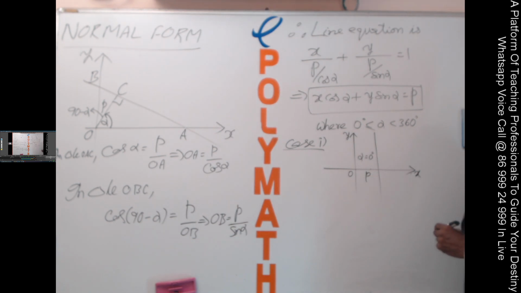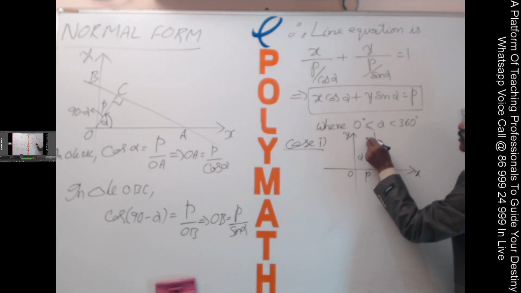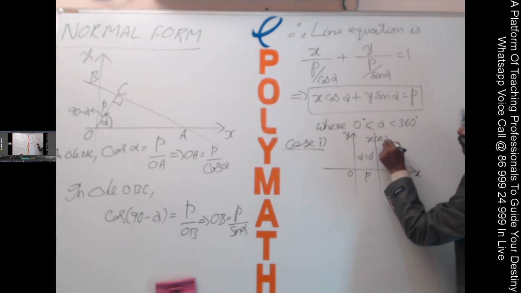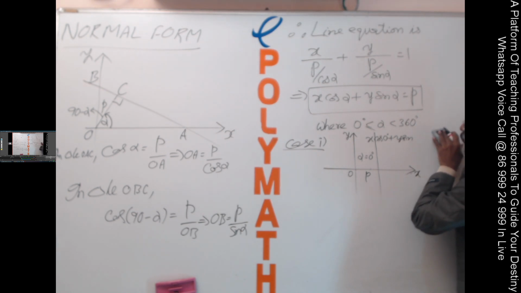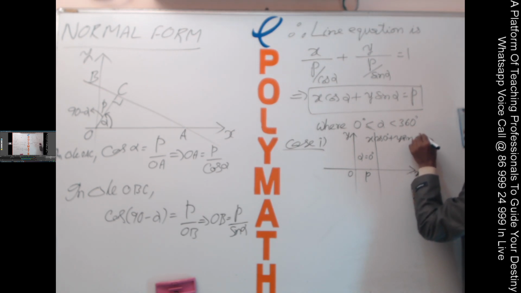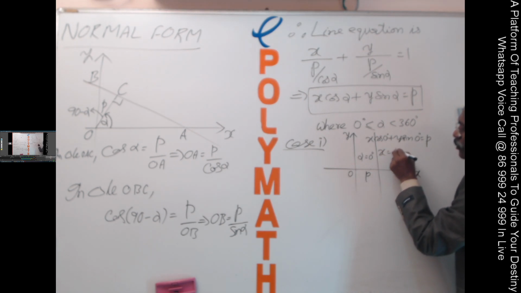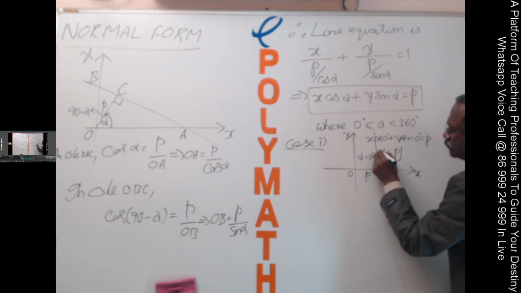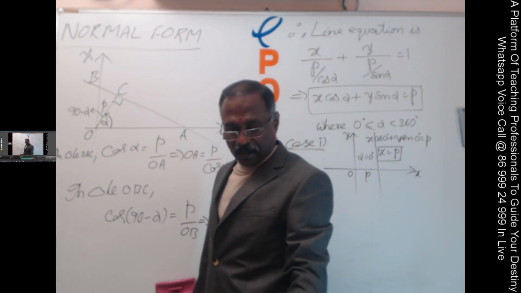Now, substitute alpha as 0. This is x cos 0 plus y sin 0 is equal to p, which is nothing but x is equal to p. What is it that I am trying to tell you here?